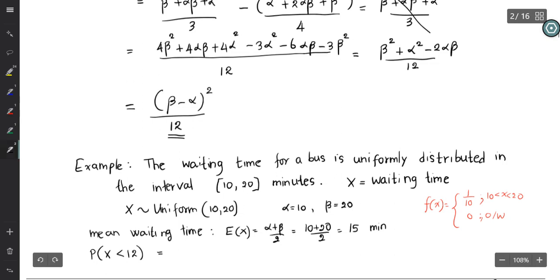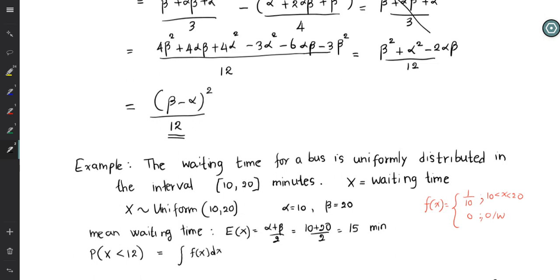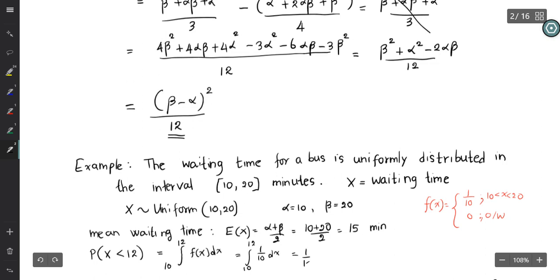Right. So let's find this probability. You have to integrate the function f of x dx. We need the probability less than 12. The lower limit is 10, so you have to integrate from 10 to 12. So what do you get? Integral from 10 to 12 of 1 over 10 dx. 1 over 10 is a constant, so you have the integral of dx, which is just x.